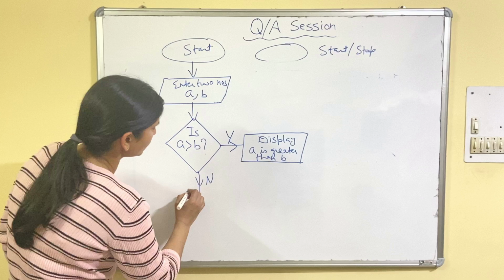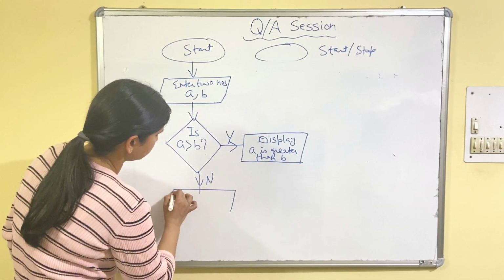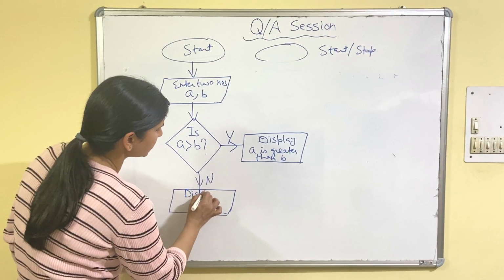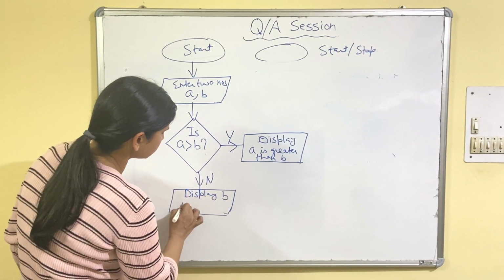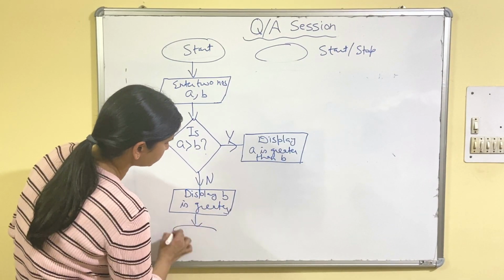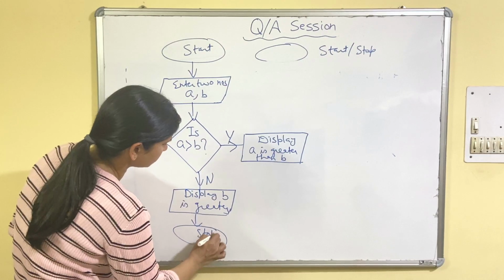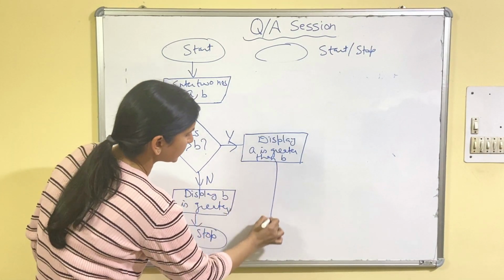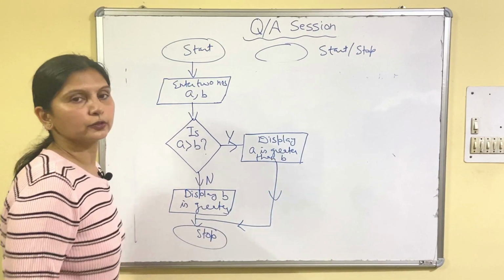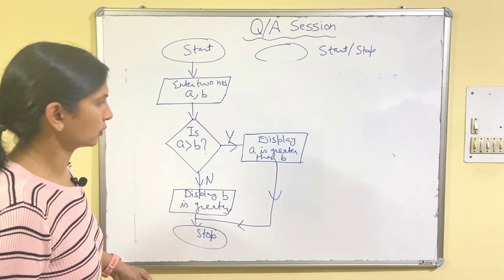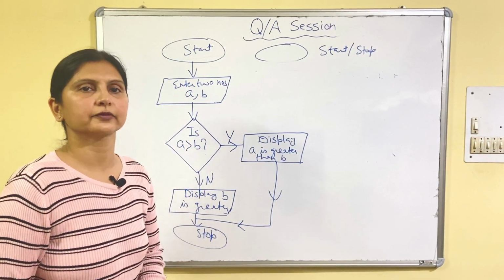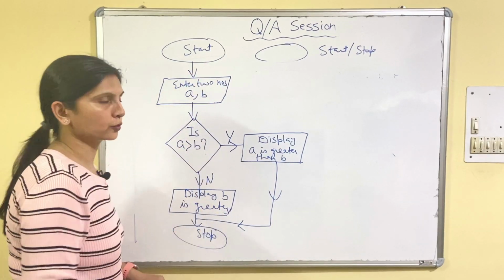If it is no, then display B is greater. And then stop. This will also be connected to the stop. So this is the flowchart, which shows you the flow of the program graphically. Only these 3-4 shapes are used.